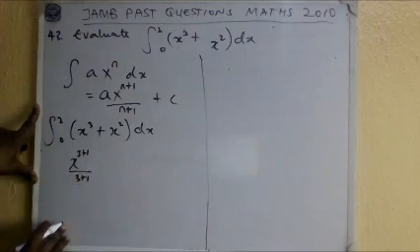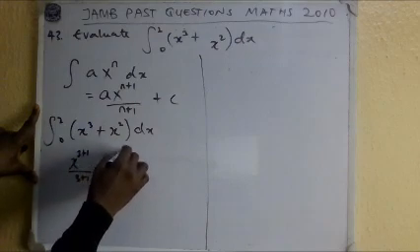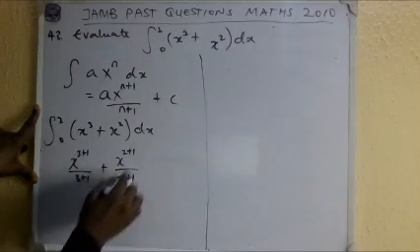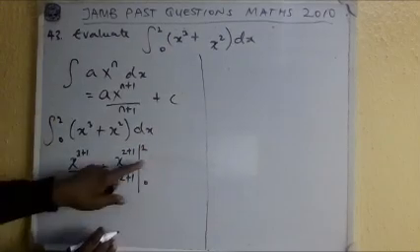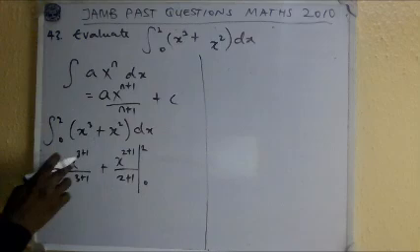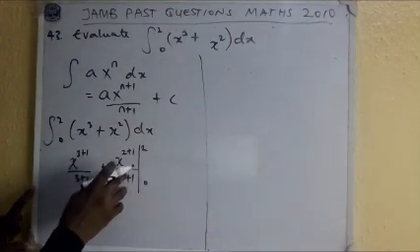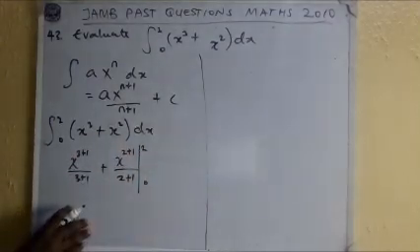Then plus x squared, add 1 to the power and put the resultant at the bottom. Now I'm going to put 2 and 0. Whatever I get here, I will first test by putting 2 where I see x and get a value, minus putting 0 where I see x and get a value. Okay, so let's go.